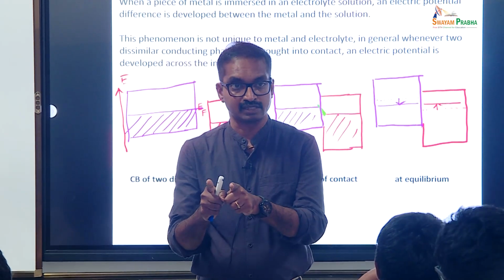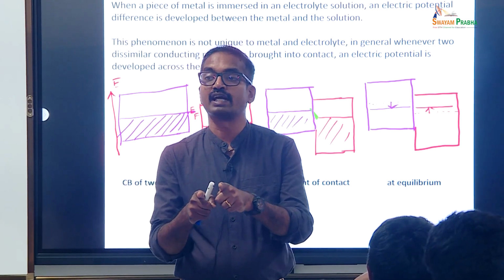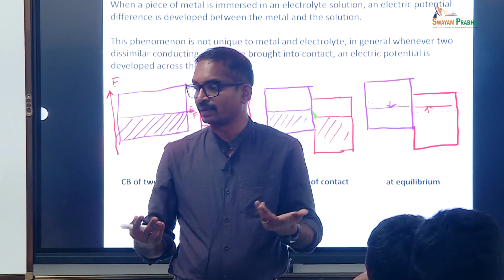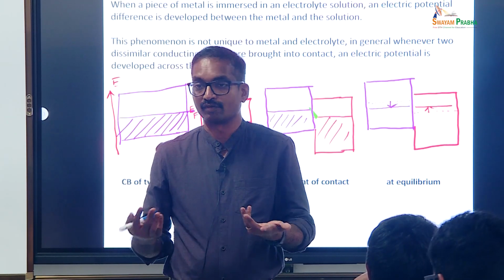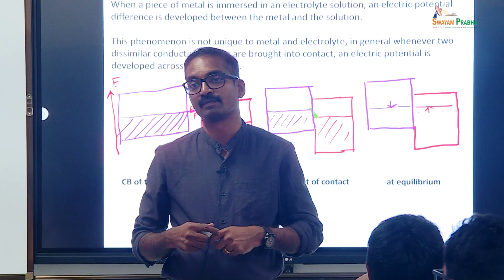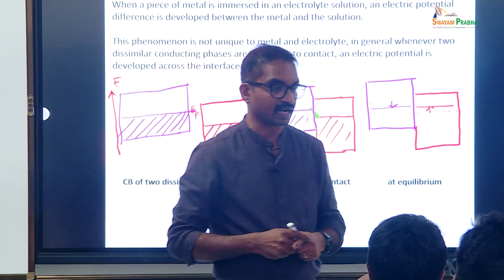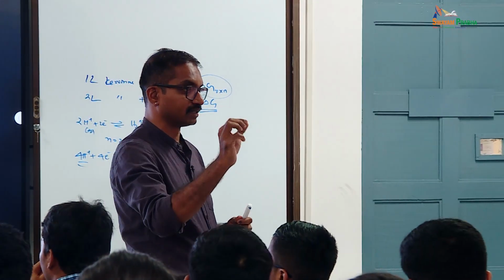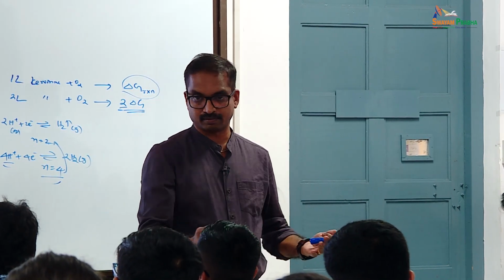Now suppose I have 2 dissimilar metals, say copper and zinc. We know that zinc is more electropositive than copper. What does electropositive mean? That material will easily give out the electron, correct?